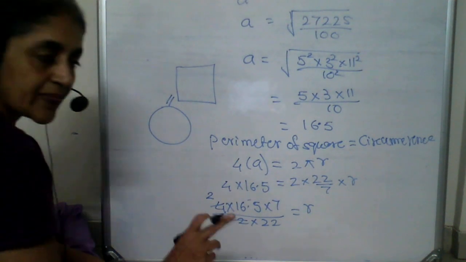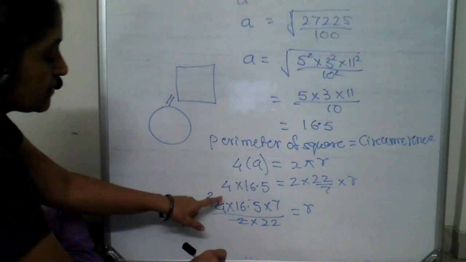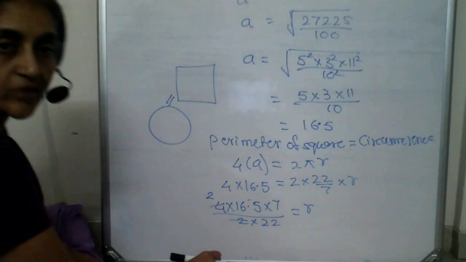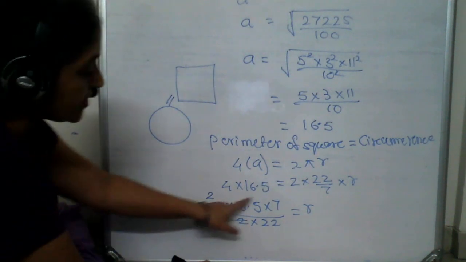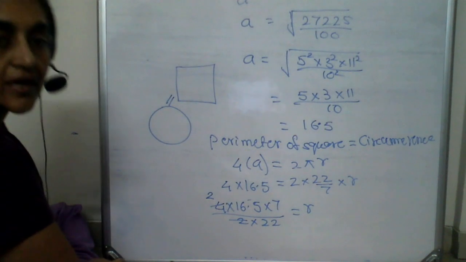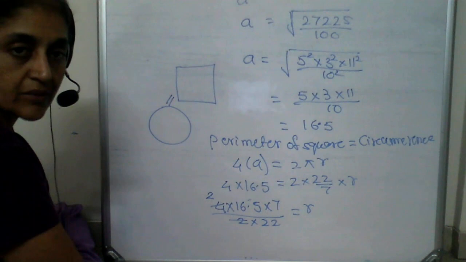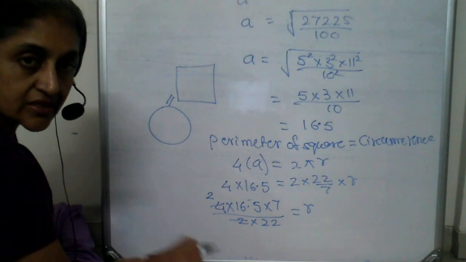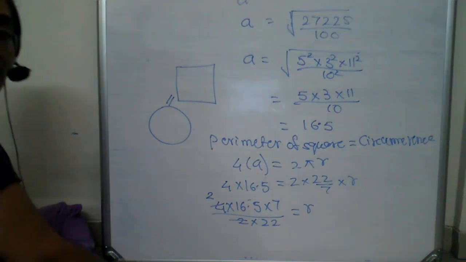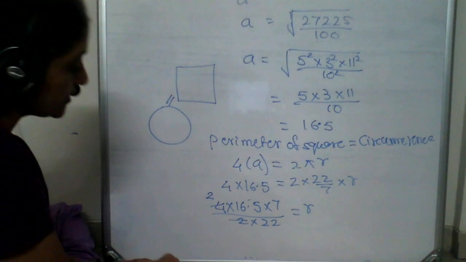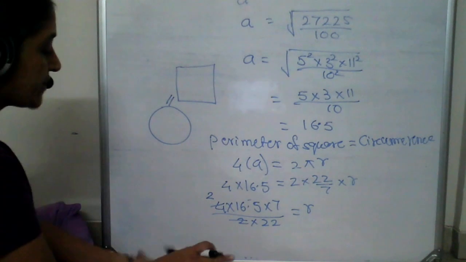In the divisibility of 11, what do we check is the sum of odd placed numbers and the sum of even placed numbers. If we find the difference in them, it should be 0 or a multiple of 11. Right, now we have 0, so we don't have to worry.